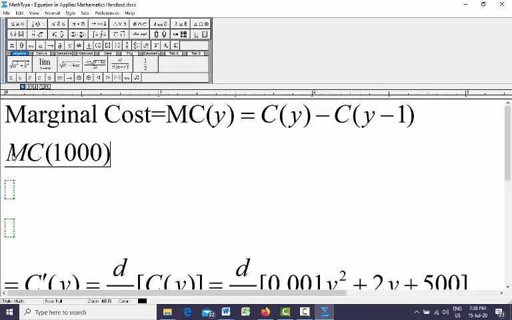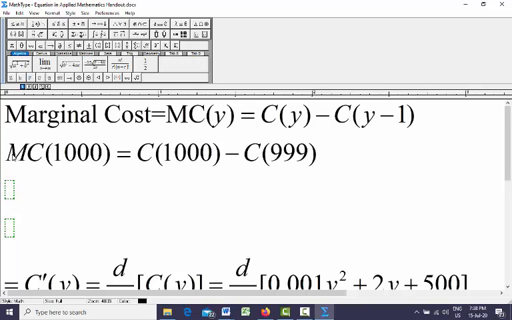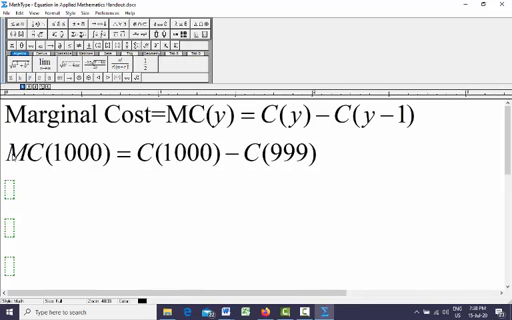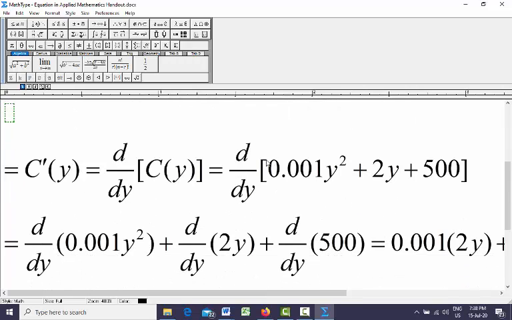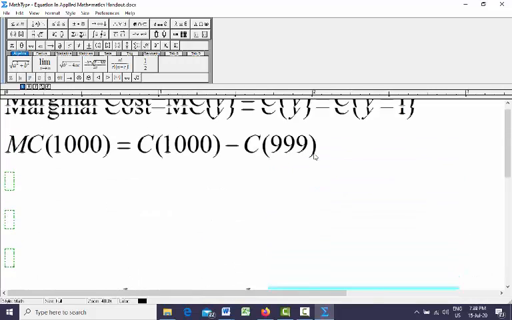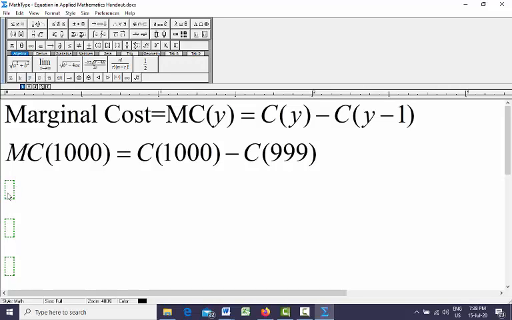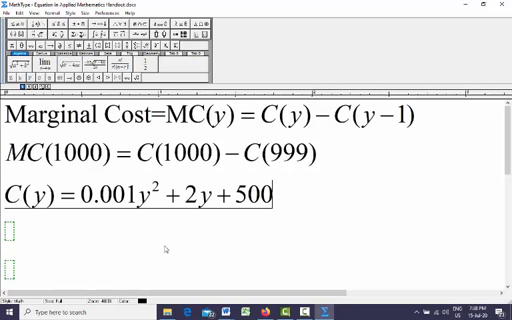That means the formula will be C 1000, the total cost of producing 1000 units, minus the total cost of producing 999 units, right? So this was the cost function. Here the cost function was like this one.